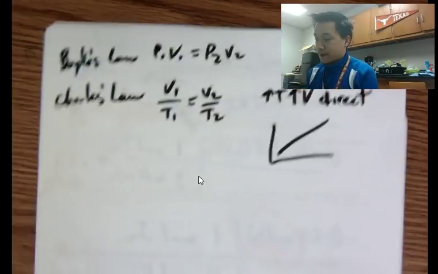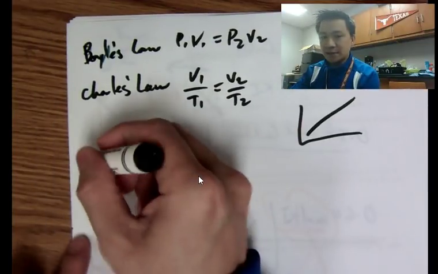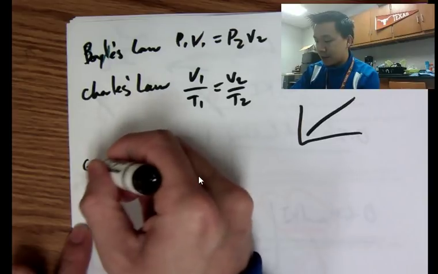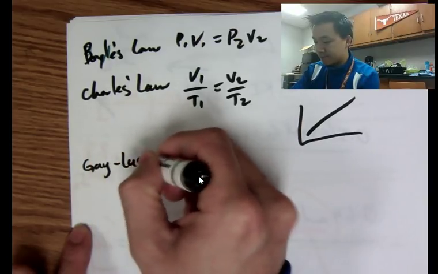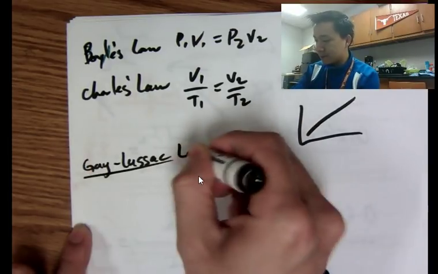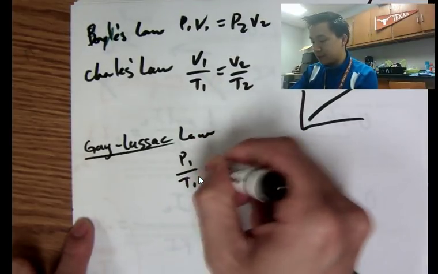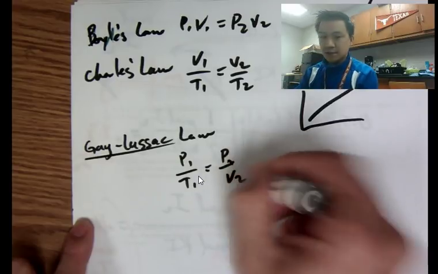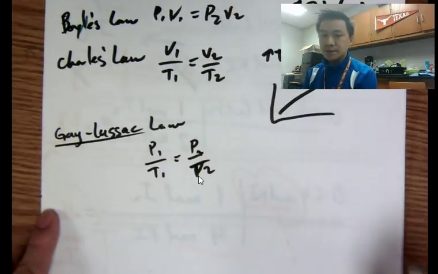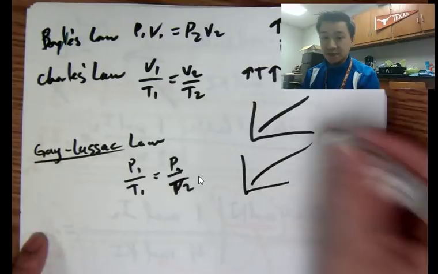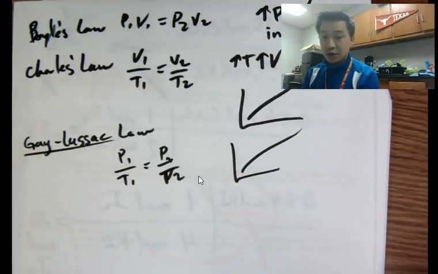And then there's one more that is not mentioned very often, Gay-Lussac's law. It's between pressure and temperature. P1 over T1 equals P2 over T2. Same thing here, it's a direct relationship. As temperature increases, pressure will also increase.